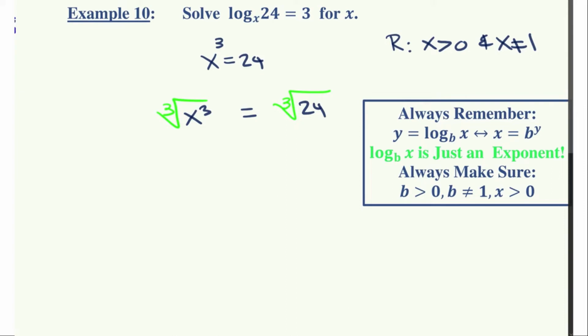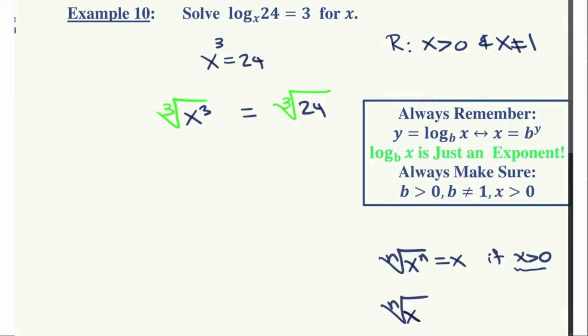Now, on the left side, we know that the nth root of x to the n equals x, as long as x is positive, right? Now, if we didn't know that x is positive, which we do know in this case, we would have to be much more precise with that definition.